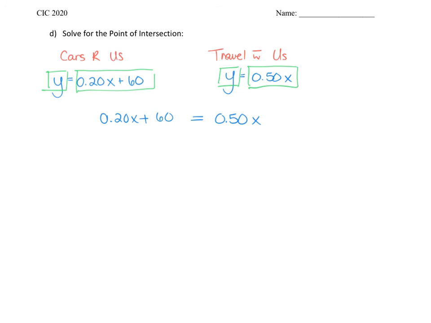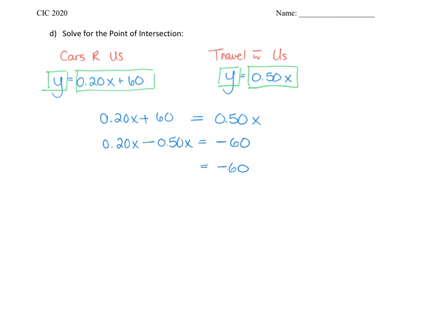So let's follow our equation process. Let's put all the x's on the left and all the numbers on the right. So on the left, we're going to keep the 0.20x. We're going to subtract the 0.50x. And I'm going to move the add 60 from the left to the right. It's going to become a negative or a subtract 60. And then I'm going to do some simplifying. On the right, I still have the negative 60.